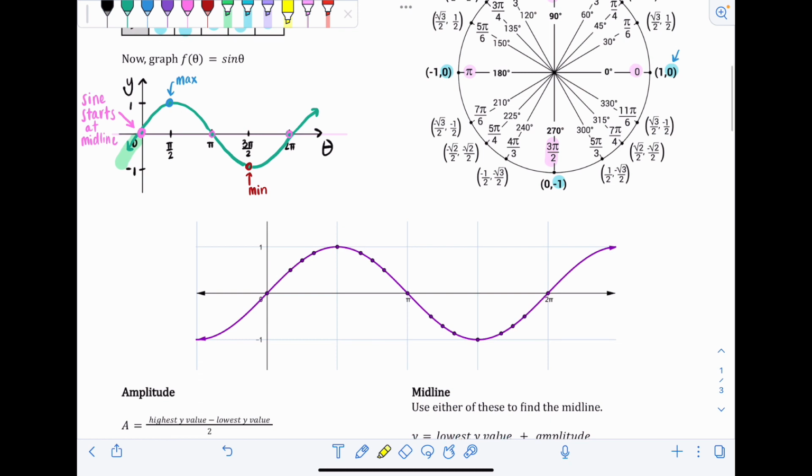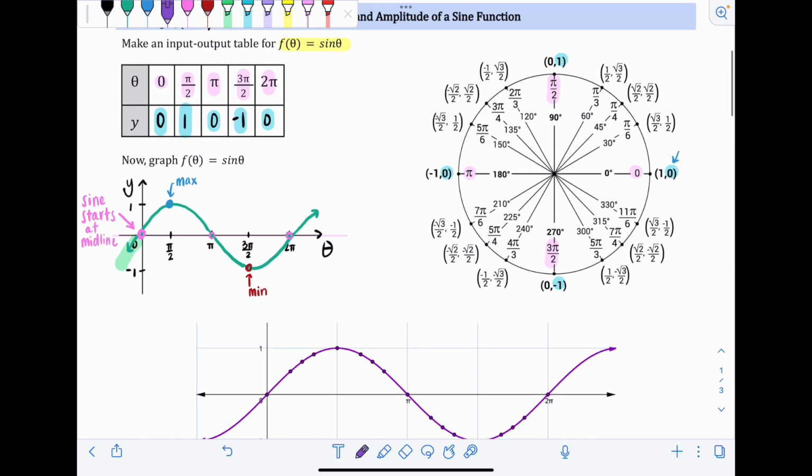Okay, so moving down, this is a more detailed version of the parent function. The one up above has the key points that you need to know and need to be able to graph. This one actually has all of the points from the unit circle. So what I mean by that is, let's say instead of just doing those 5 points, we had to find pi over 4 for sine, and pi over 4 has a y-coordinate of root 2 over 2.